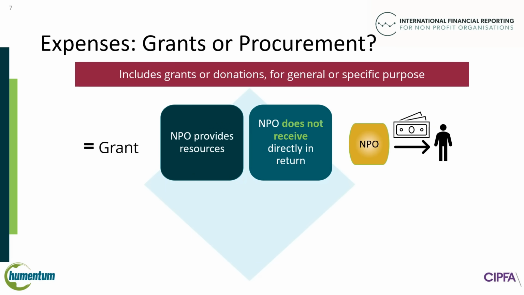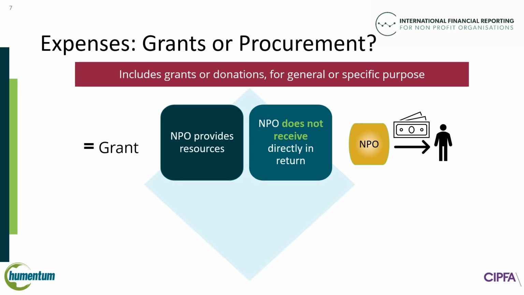As with revenue, the term grant expenses is used to cover a range of expenditure, including grants and donations, which may or may not be for a specific purpose. A grant expense is where an NPO provides resources to an individual or entity by transferring cash or a service, good, or other asset to that grant recipient, without directly receiving any cash, service, good, or other asset in return.